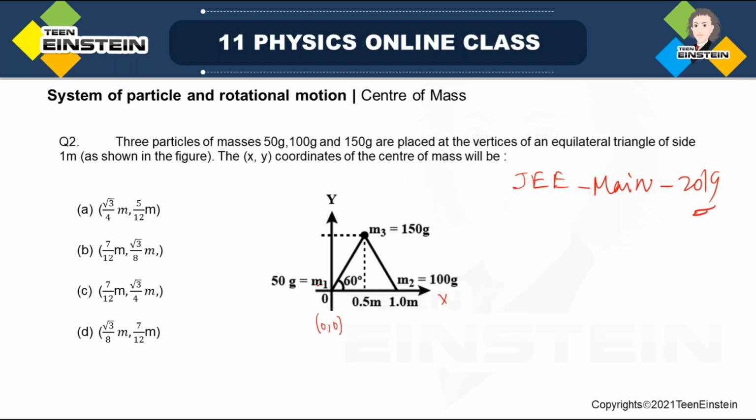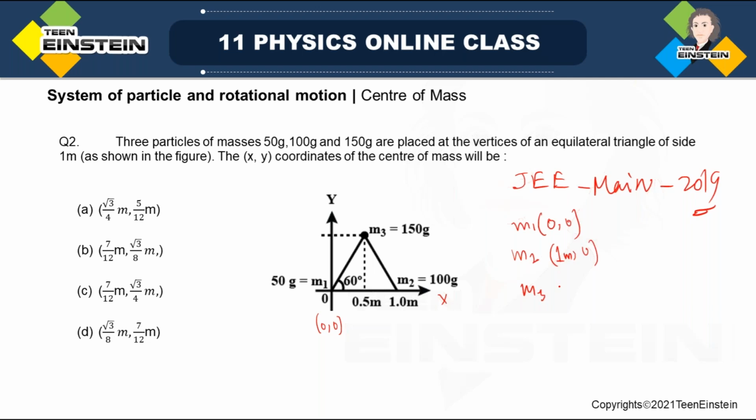So M1 has coordinate 0, 0. M2 has, suppose, some value a, 0. Here it is 1 meter, so I'll write 1 meter and 0.